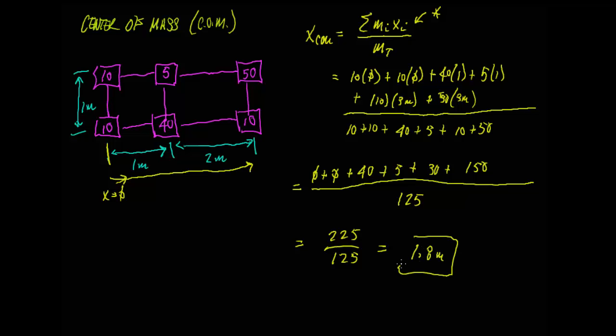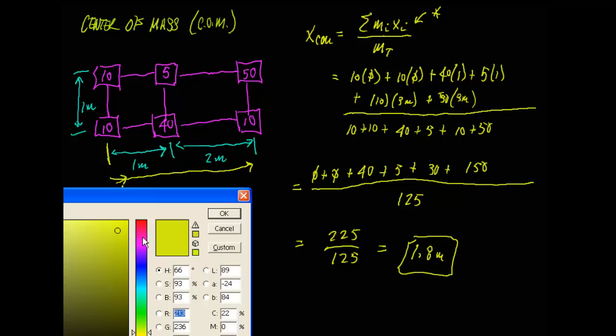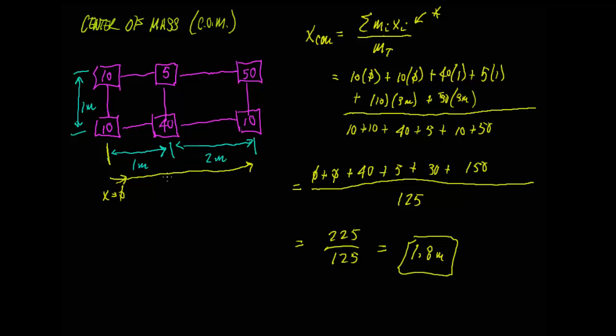Now what does that mean? That means the x center of mass, or the center of mass of this object, is going to lie on the 1.8 meter line. So if I drew a line here vertically at 1.8 meters, that the horizontal balance point or center of mass is going to lie along that line here in the structure.